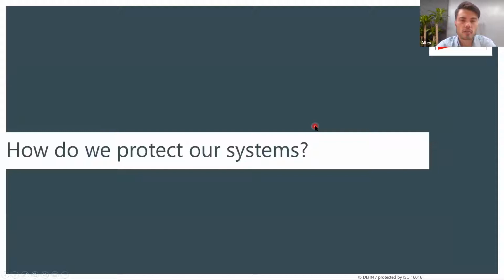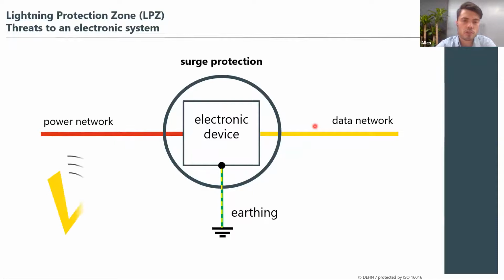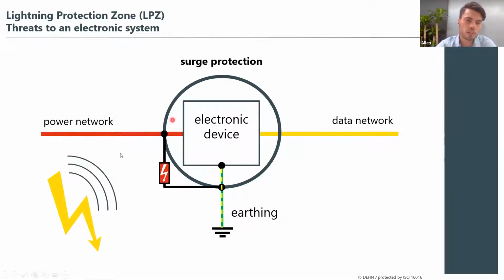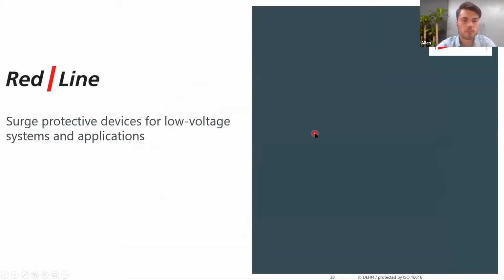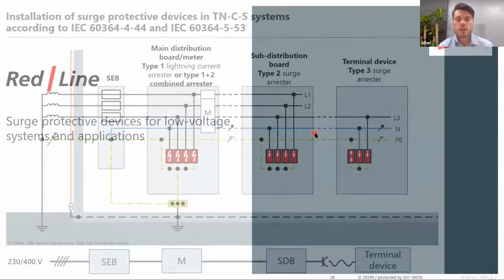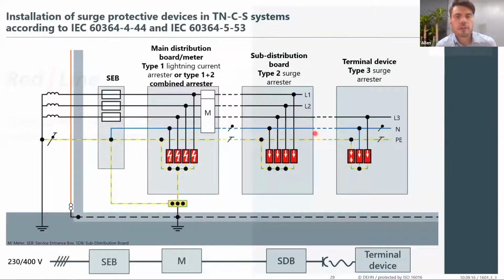So how do we protect our systems? It's important to install surge protection devices on your power networks as well as your data networks, because damage can come from both the power side and the data infrastructure. So with our Redline products, typically, if you have a 3-phase system, in South Africa we use a TN-C-S system, which means that your earth and your neutral are separated at your main distribution board.